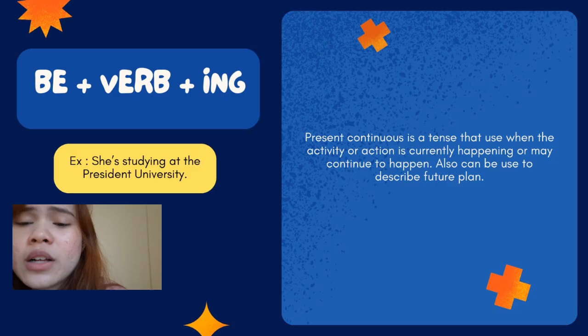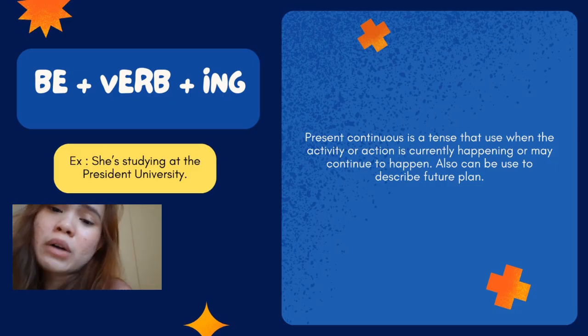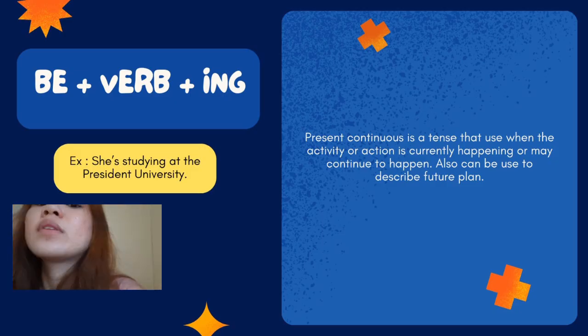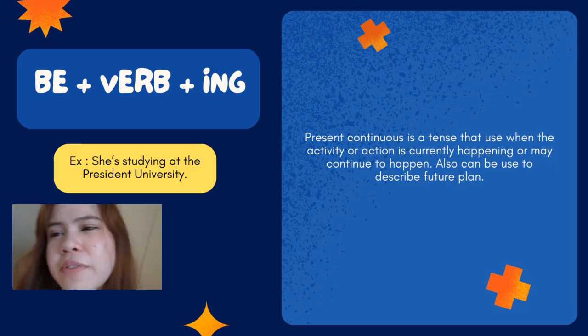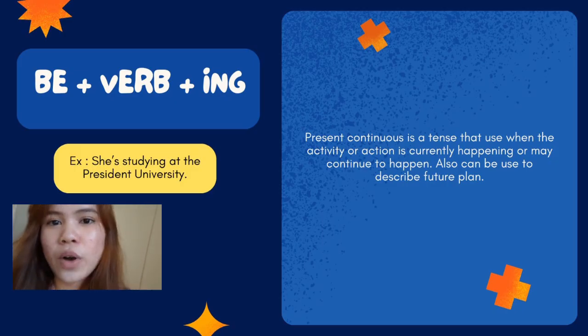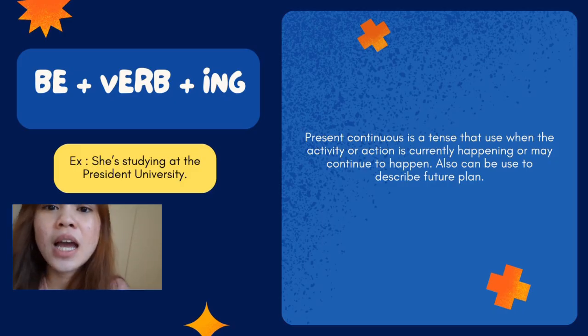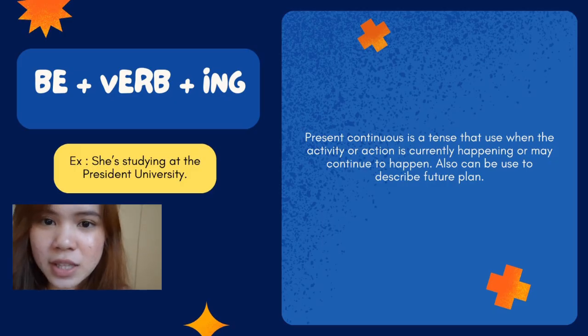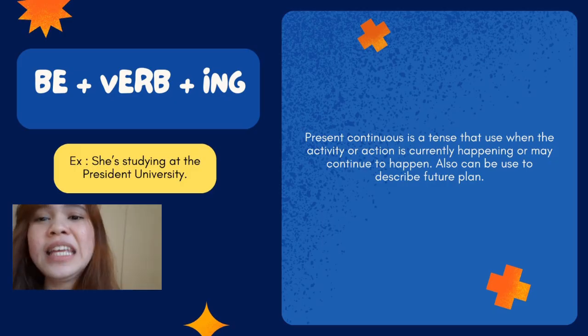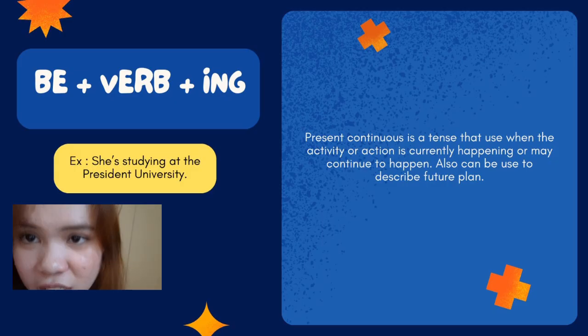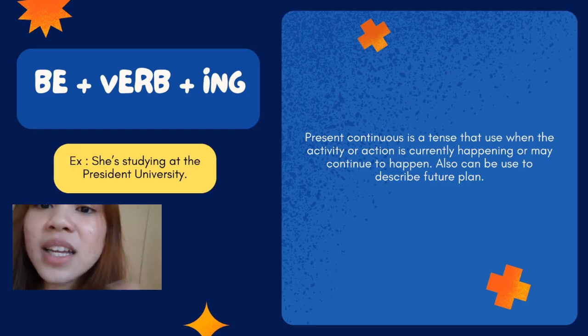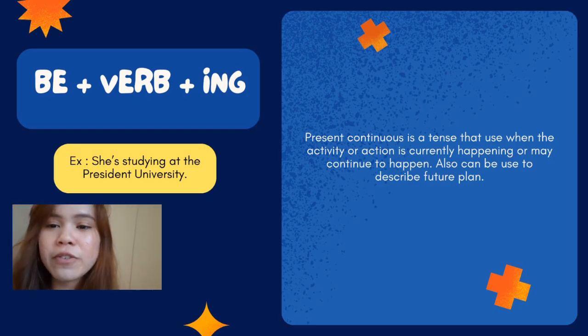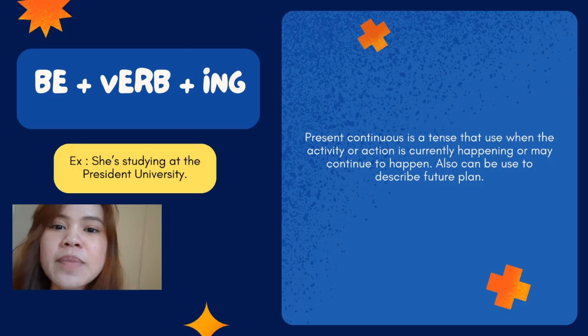It can also be used to talk about future plans. The formula is very simple. First is be, am, is, are, plus verb plus ing. For example, she is studying in President University. In this sentence, is is the auxiliary verb, and studying is the main verb with ing.